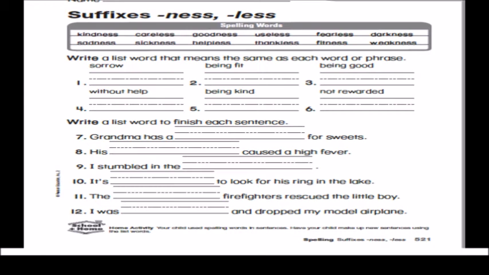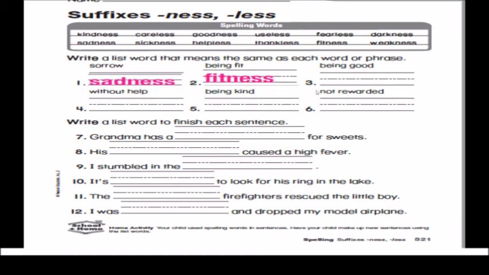Number one is sorrow. Sorrow here means what? Kindness or sadness? Sorrow is sadness. Yes, excellent. Number two, being fit. Someone is fit, so he is, yes, excellent, fitness.